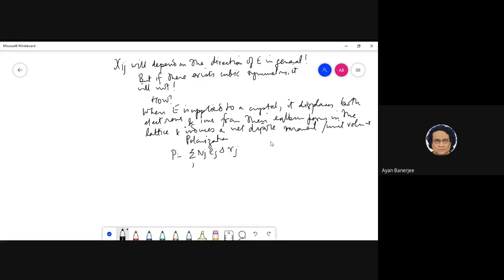Nj is nothing but the density of species with charge j, and this is the most general equation. Now very crucial is Rj. Rj is the displacement of this charged species from the equilibrium position.